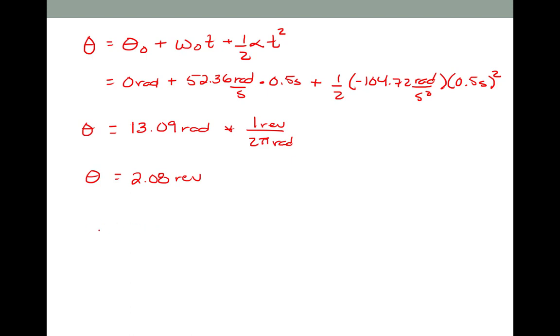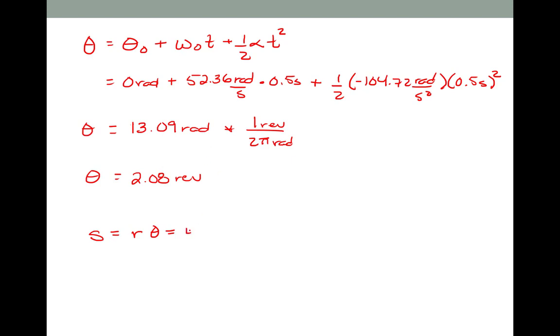If we are looking at a point on the edge, we can find how far it travels by multiplying the change in angular position by the radius. When working with this, even though we know that it is 2.08 revolutions, we need to use the angular position in radians.